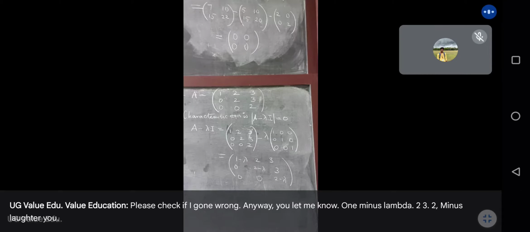So you get 1 minus lambda, 2, 3, 0, 3 minus lambda, 0, 0, 2, 1 minus lambda. Please check if I've gone wrong anywhere, you let me know. I think it's right. Correct? Yeah, ma'am. This is A minus lambda I. Let us find the determinant of this now.